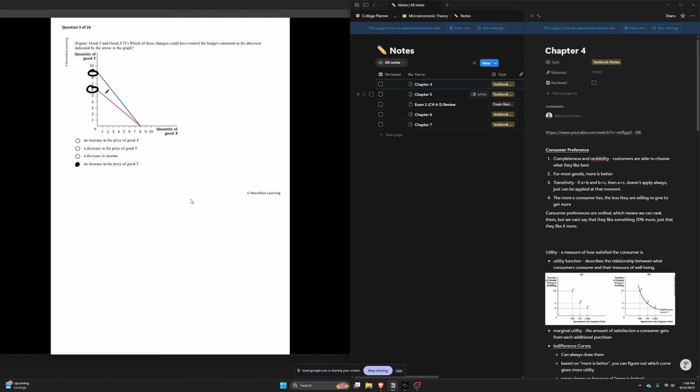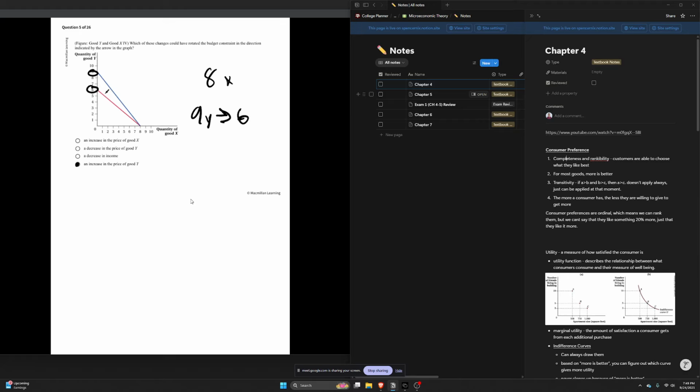It changes from 9 and it goes down to 6, okay? So we're trying to think what would cause that? What would cause me to still be able to buy the same number of good X? So I could still buy 8 of good X, but now instead of 9 of Y, I could only buy 6. Okay. So our budget didn't change.